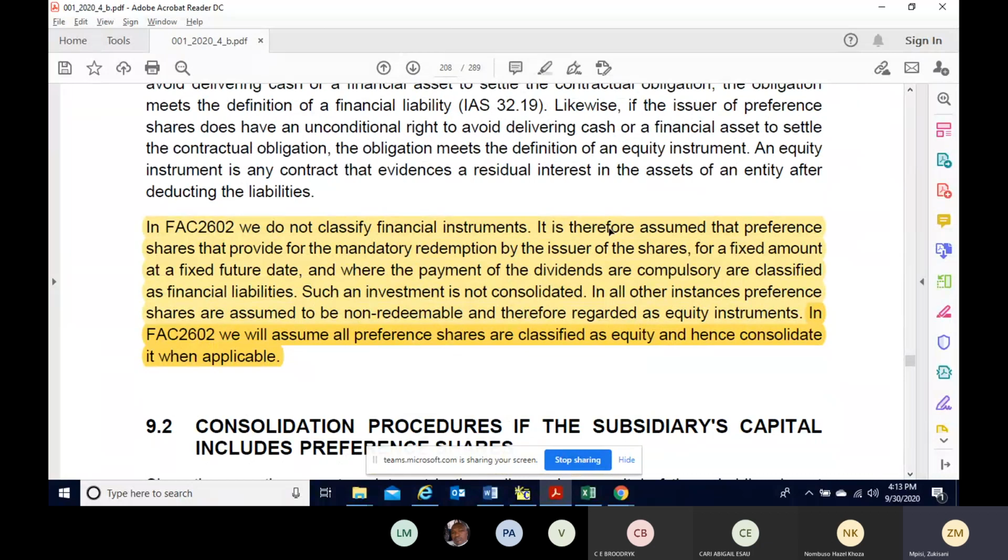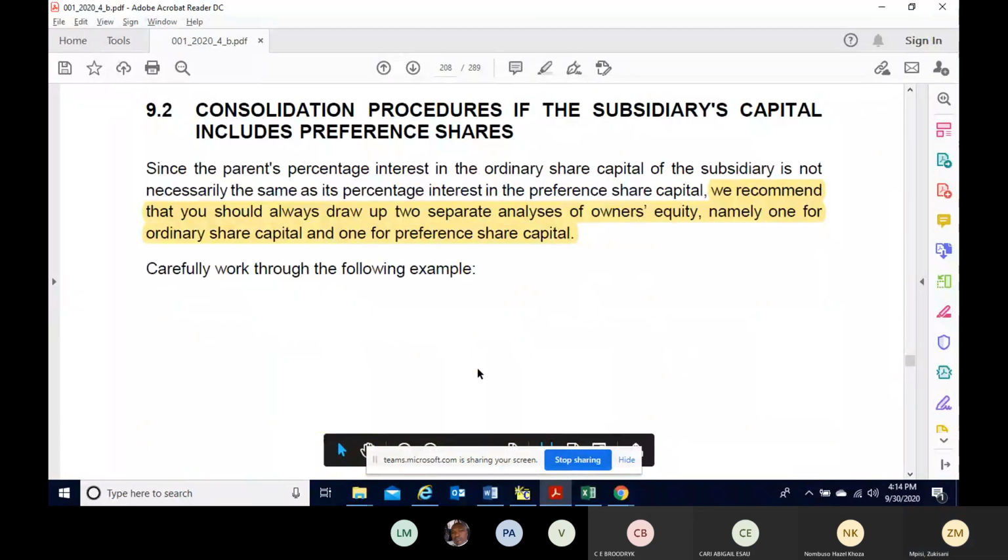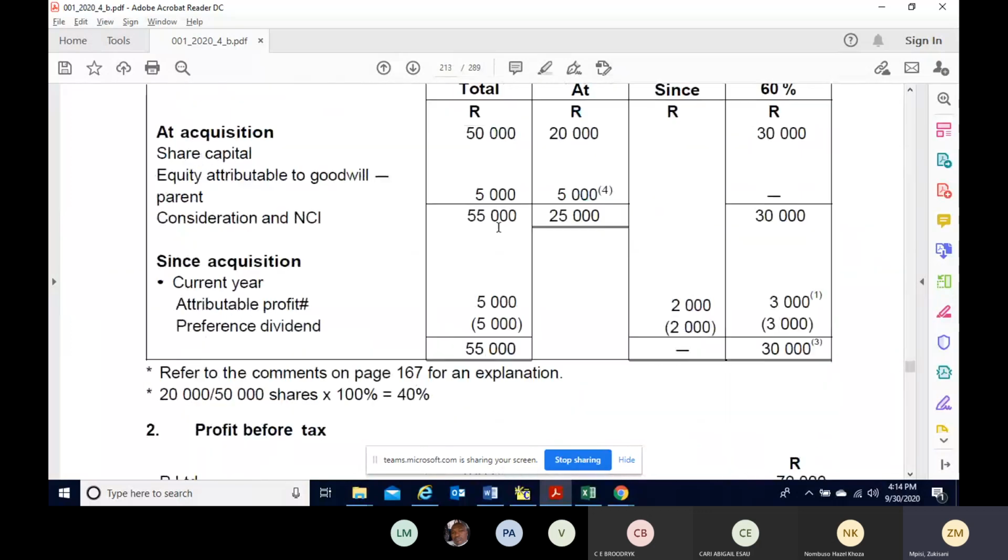I've already explained this principle, but in this class, all preference shares are classified as equity, and hence consolidation will be done. It is further recommended, when you are doing consolidation of the two capitals, ordinary share capital and preference share capital, that you always draw up two separate analyses of owner's equity, namely one for ordinary share capital and one for preference share capital.